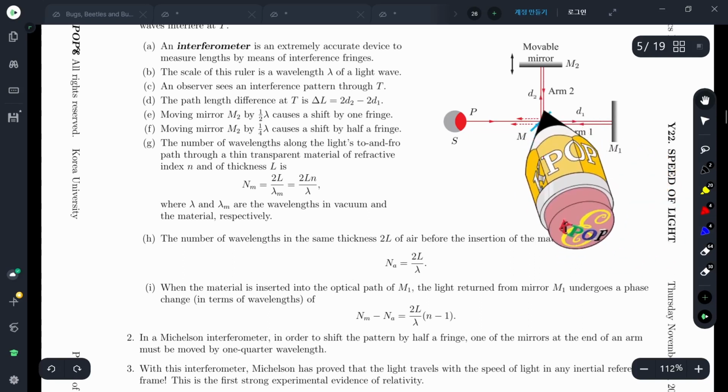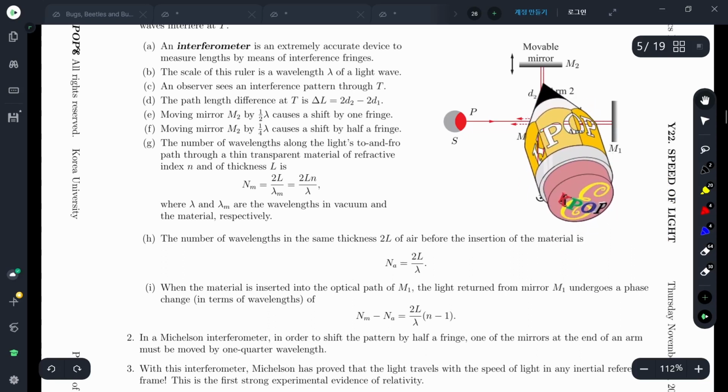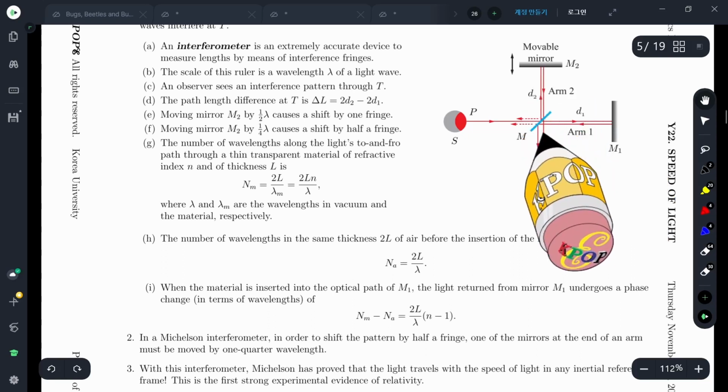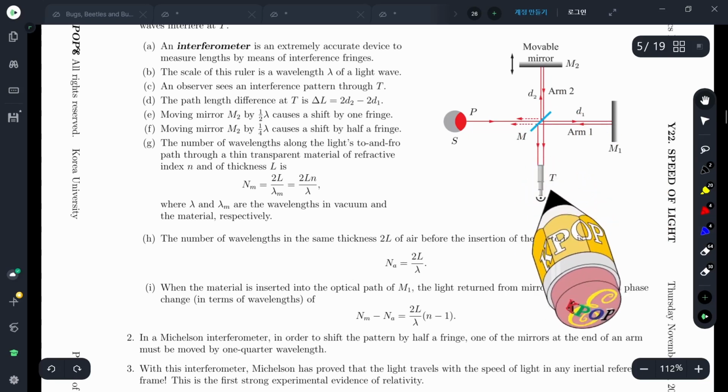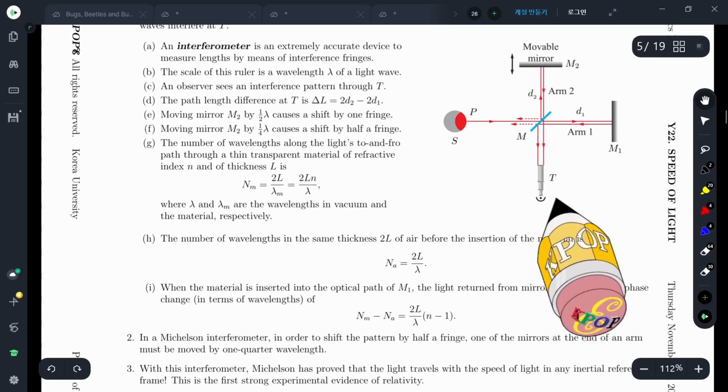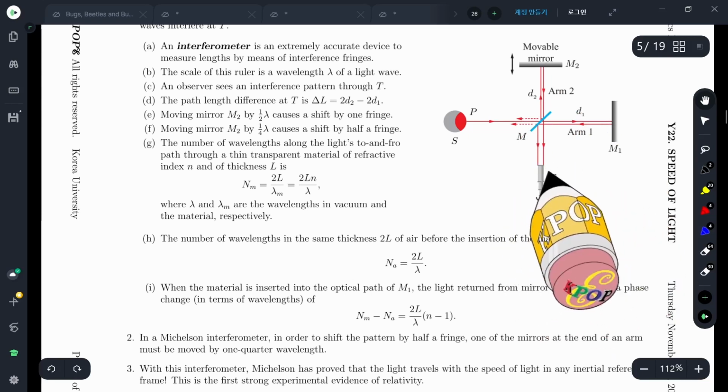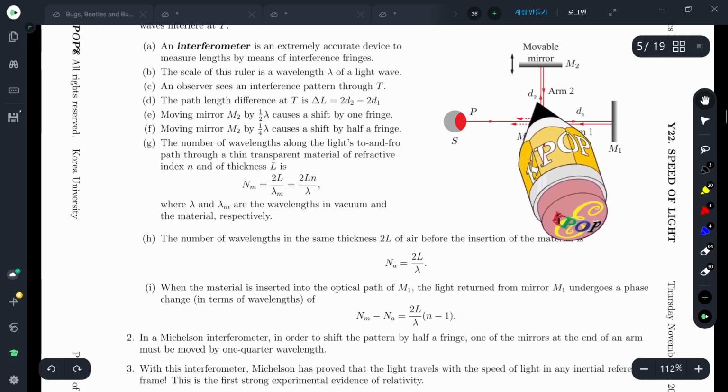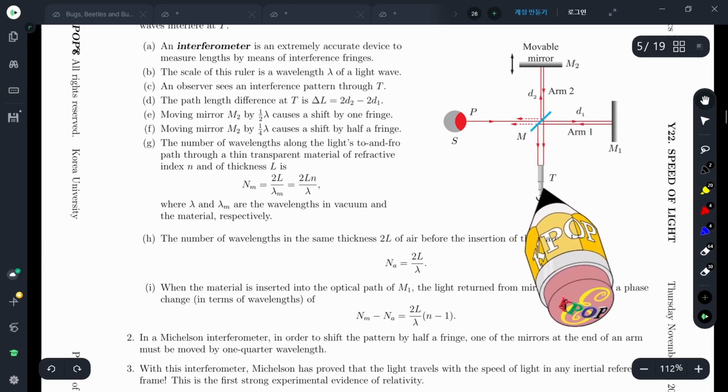There is a transverse direction motion, and the two waves interfere in the telescope, and you can find the interference pattern between the two propagating waves.